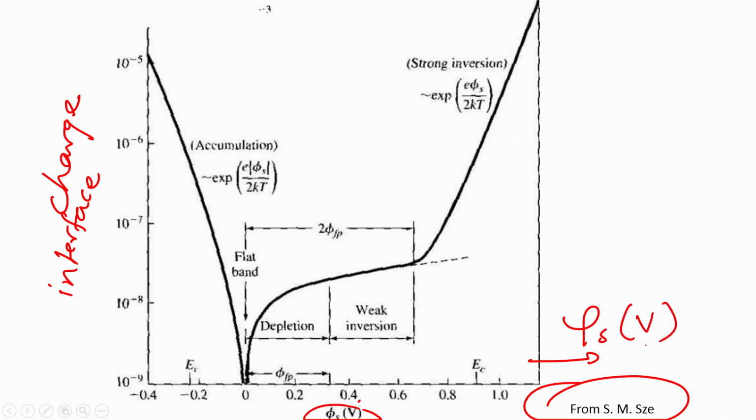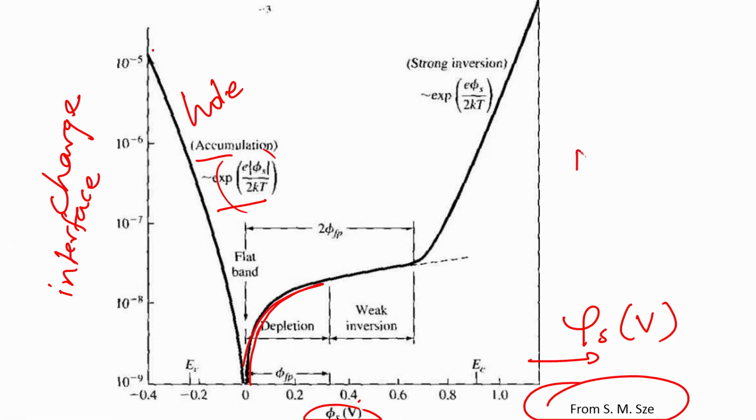Initially you are in accumulation mode, and you have holes that are varying as exponential of phi s, and then you enter depletion, and your charge in the semiconductor is basically the depletion charge.